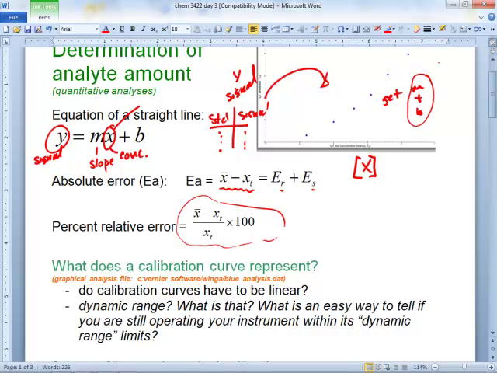How could you tell? If you double the concentration, what should happen to the signal? If it's responding linearly, it should double. Halve the concentration, the signal should halve. That's the easy way of telling. Okay. So that may not quite be the case with this plot, because look, he's not linear. Double the concentration, he may not double.